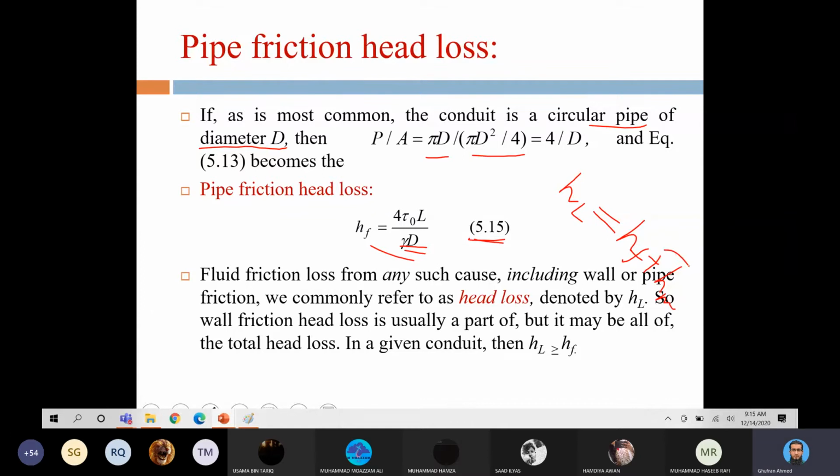At the moment, if we are not considering the minor losses, say HM is equal to 0, then HL would become equal to HF. However, in most cases, this total head loss would be greater than this HF, as HL is equal to HF plus HM. So in that case, the total head loss would be larger than the frictional head loss.